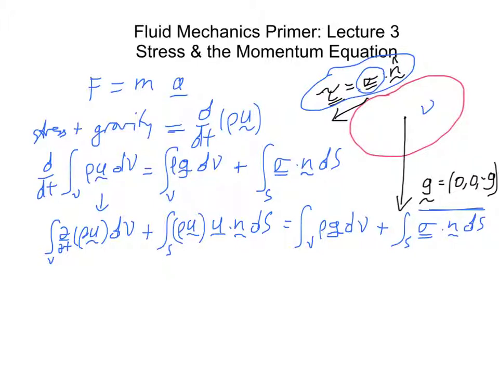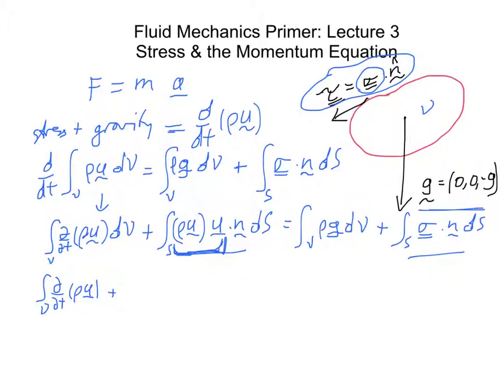What I'm going to do next is, once again, familiar to you, I'm going to apply Gauss's theorem to these two terms. And in this case, particularly on the left-hand side, it gets a little bit complicated. So what I'm going to do here is I'll just write a volume integral over the whole left-hand side. So we have d dt of rho u is unchanged. And now we need the divergence of all these three terms here.